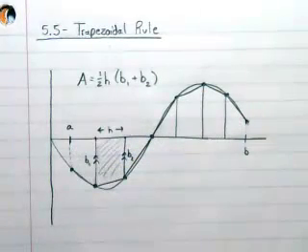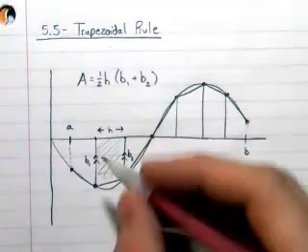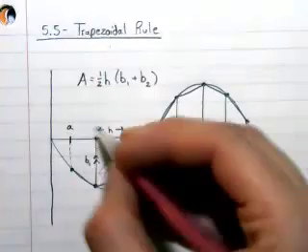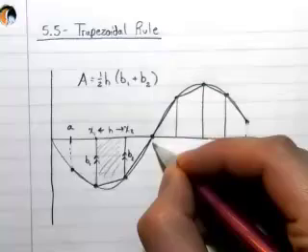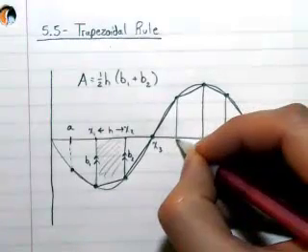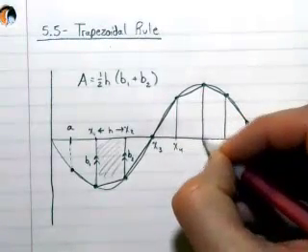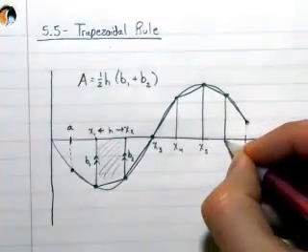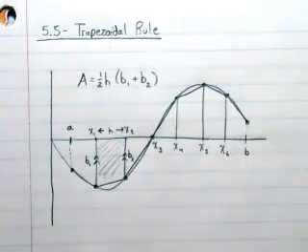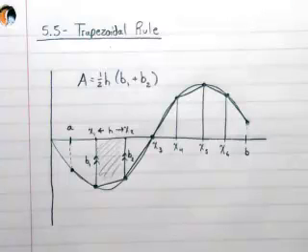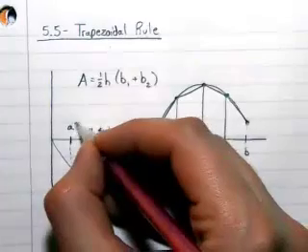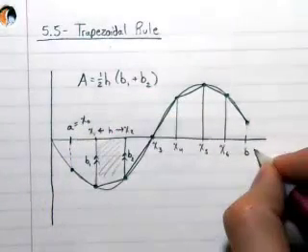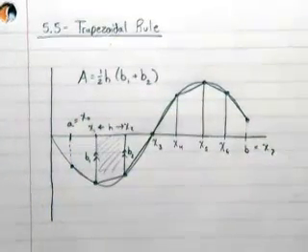Okay, so think of it like this. This is A, then I'm going to make this x sub 1, x sub 2. This point will be x sub 3, this will be x sub 4, x sub 5, x sub 6, and then we finally get to B. A will be x sub 0, and B will be x sub 7, just so we can keep using the same kind of lingo.